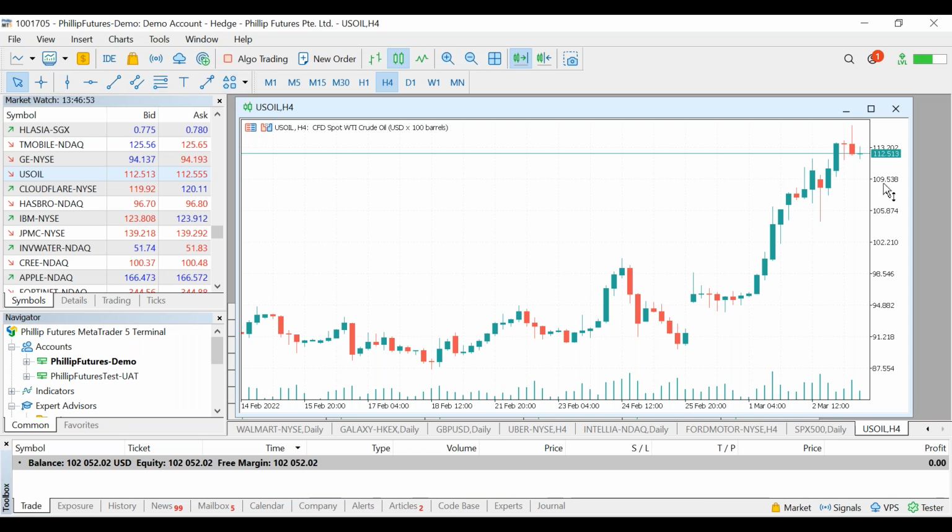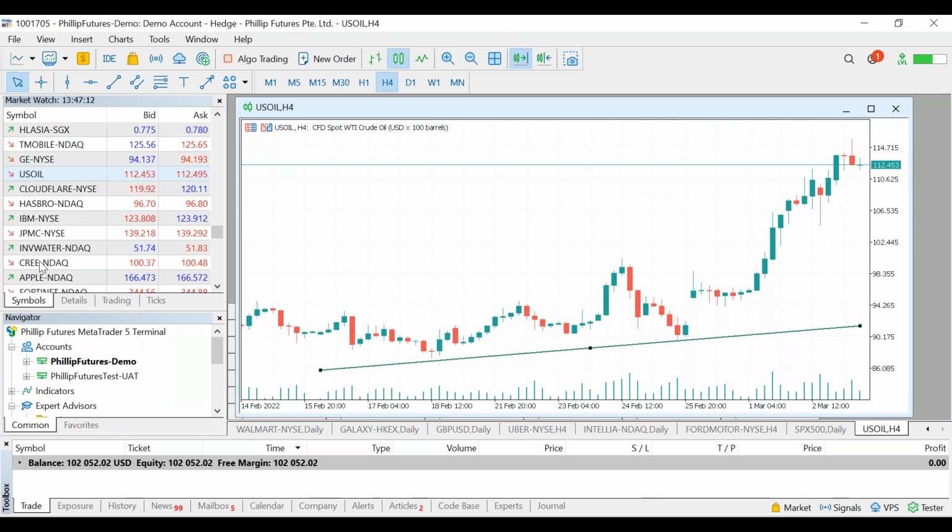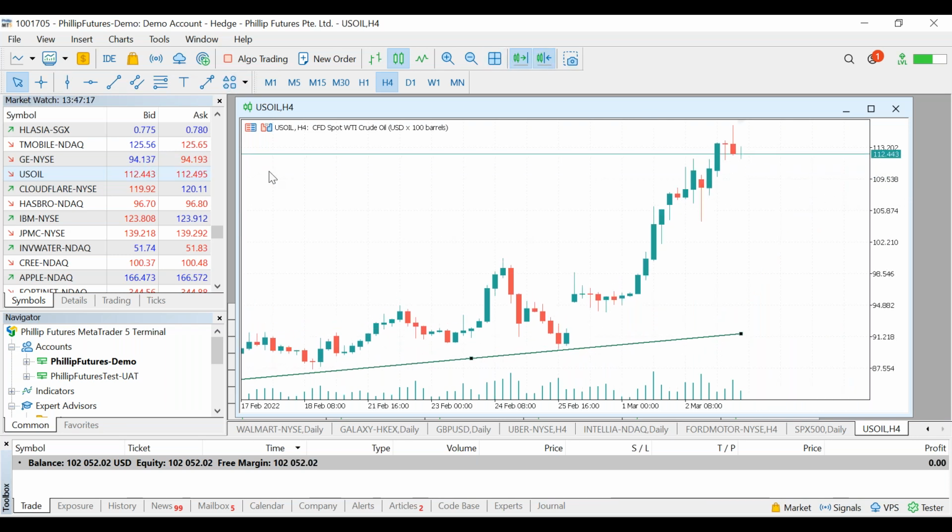So maybe what we can try to do is draw a trend line, a support trend line here. This is one way that you can use all these tools. Also, the Fibonacci tool is one of the more popular tools for technical analysis.